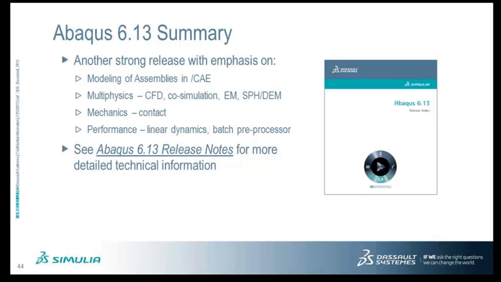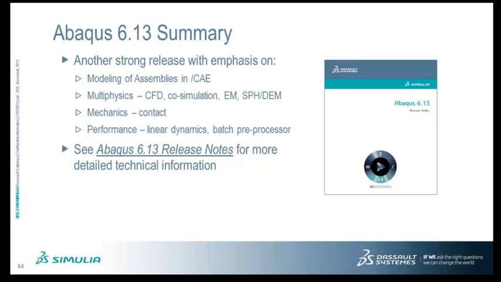So in summary, 6.13 also has been a strong release for us. We've added many capabilities with emphasis on modeling of assemblies, as I mentioned earlier in CAE. Chris talked about many of our exciting enhancements in the area of multiphysics, particularly in CFD, co-simulation, engineering mechanics, etc. We continue, as Chris mentioned, to invest in contact and have made many exciting enhancements in the area of contact and performance as well.